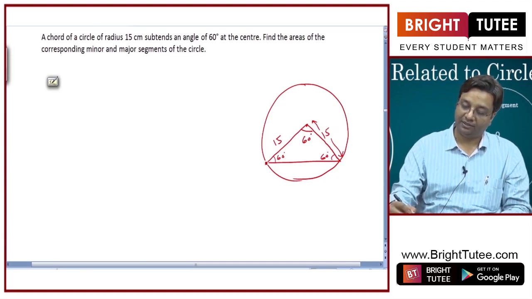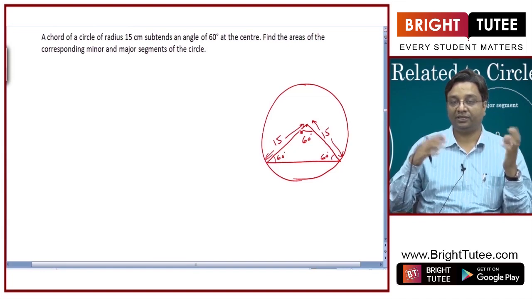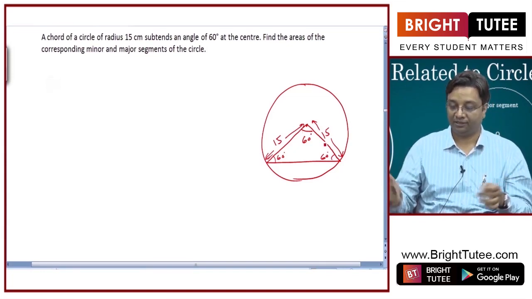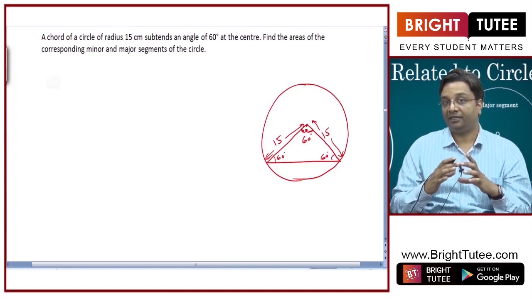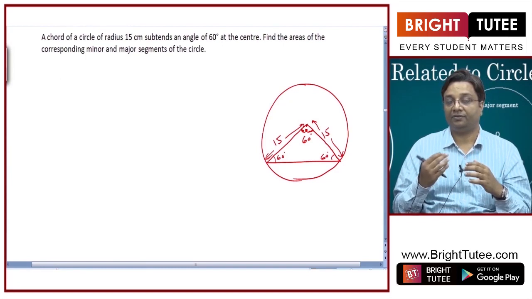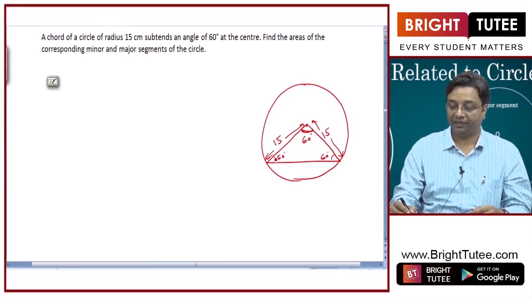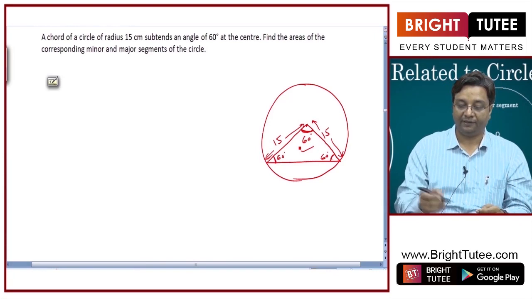Because these two are radii, so this triangle is always isosceles. The internal angles of a triangle are 180 degrees in total, so 120 degrees is left, divided equally into 60-60 each. So this is an equilateral triangle, right?